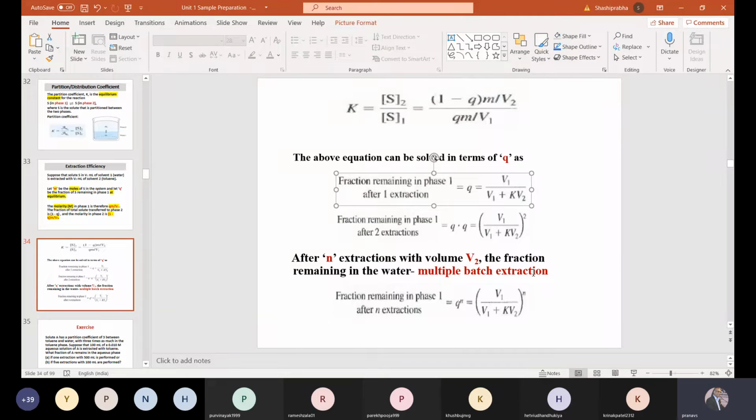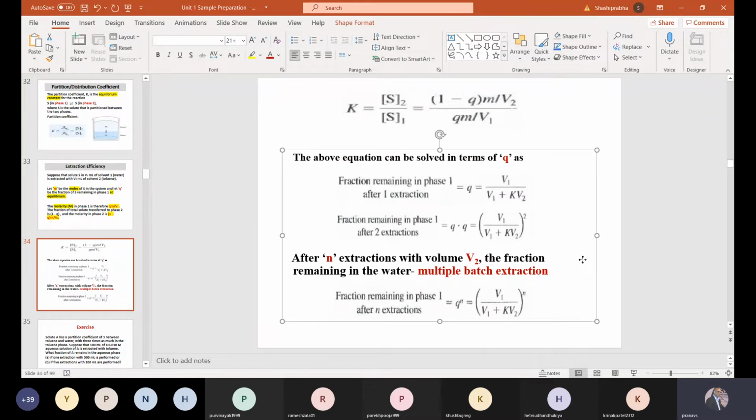And if you do this multiple times, 3, 4, 5, 6 times, then this expression can have a general form, Qn, this whole thing raised to power n, and this helps us in finding out the efficiency when we do a single extraction or when we do multiple extractions.